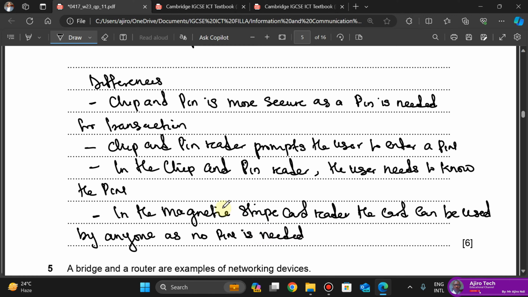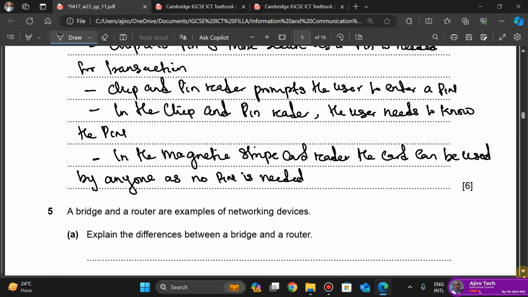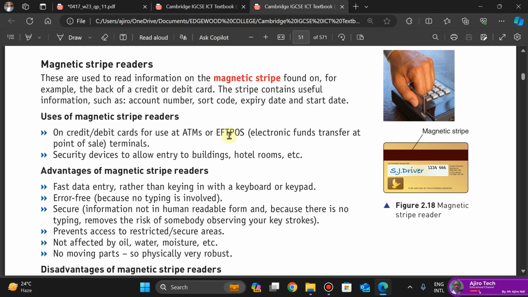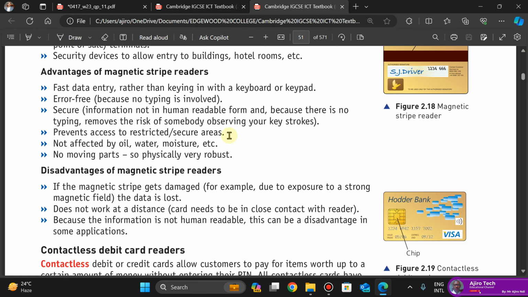Again, for the magnetic stripe, the transaction is faster when you're using the magnetic stripe reader, because you're just swiping in. It also has fewer data entry errors. Look at it, it's faster than keying in with the keyboard, and it is error free.